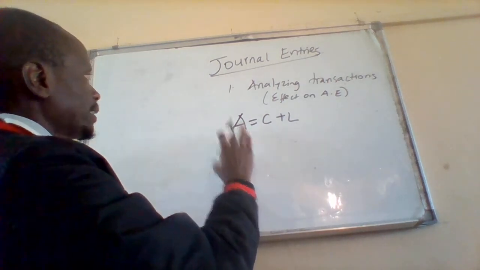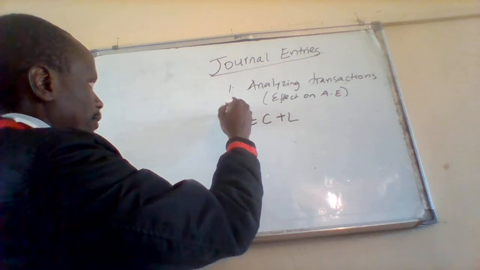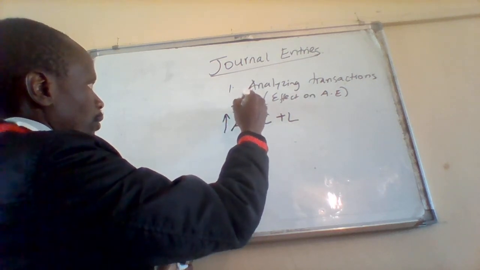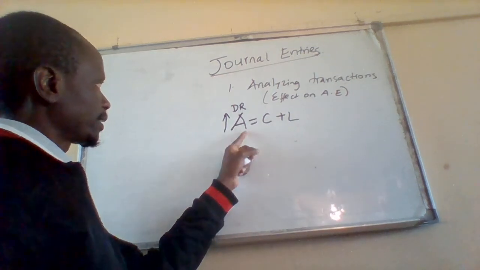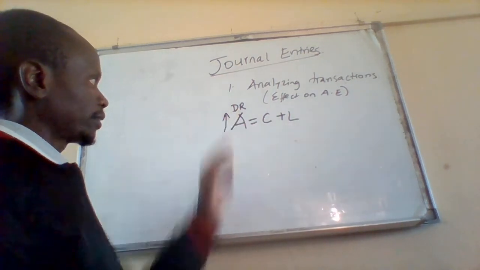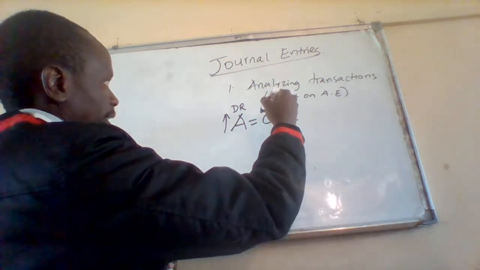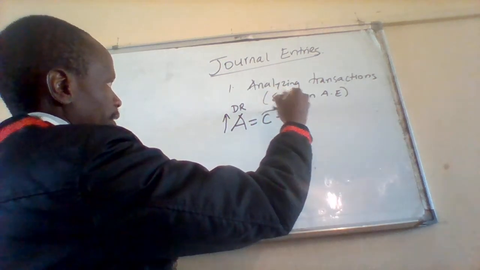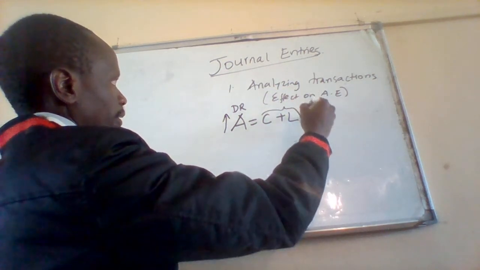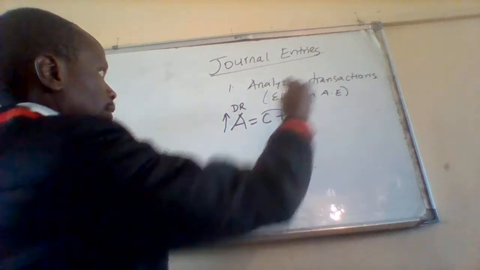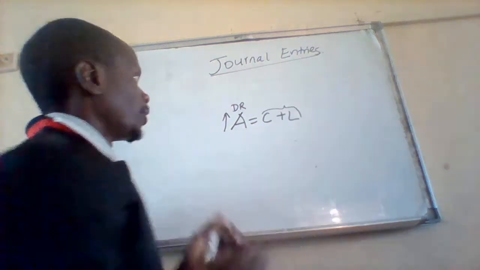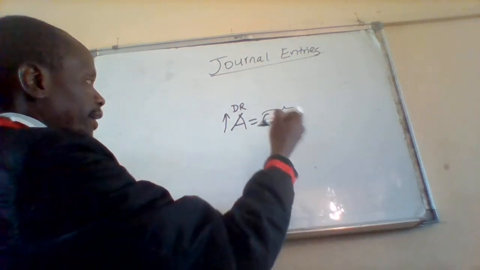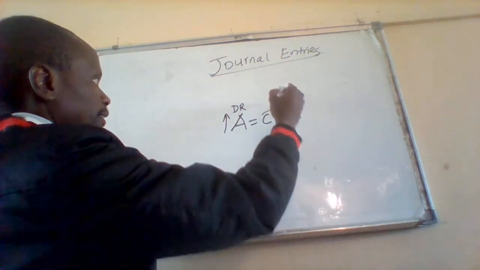If an asset increases, we debit. And then on this side, if the right-hand side increases, we credit.